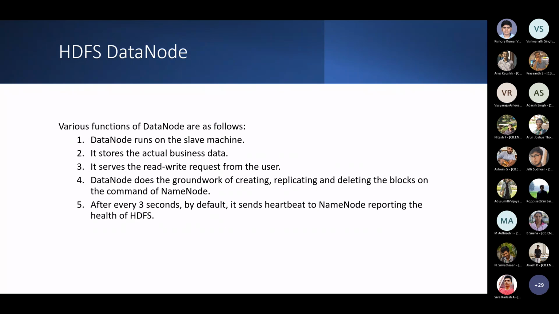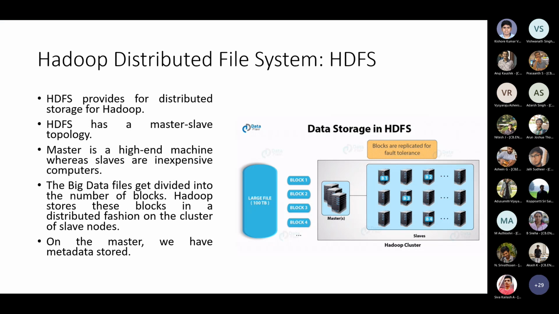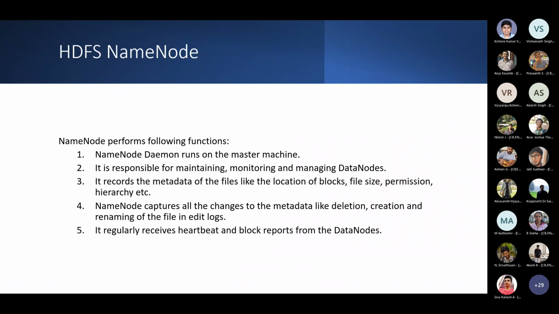Data nodes are the slave programs, right? So as we saw in the figure, there are two types of systems in the HDFS system. One is the master, or multiple masters if you want redundancy, and then you have the slaves. The program which runs on the master is called the name node, and the program which runs on the slaves is called the data node.